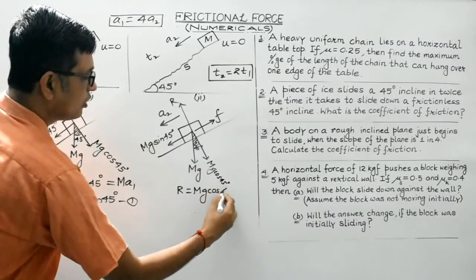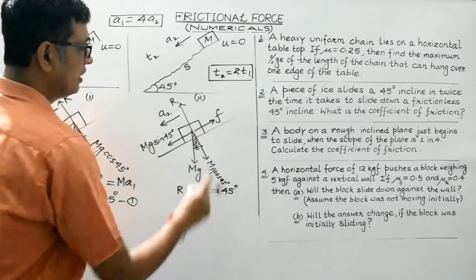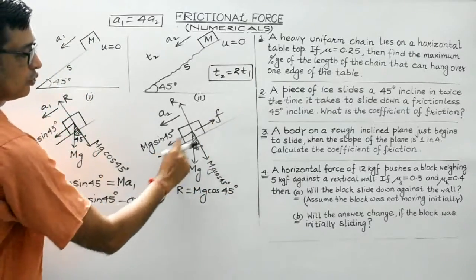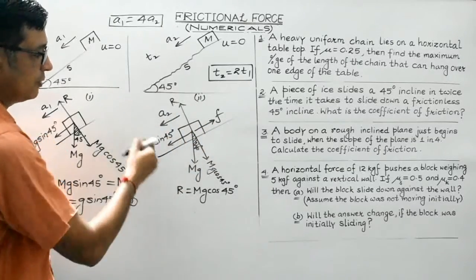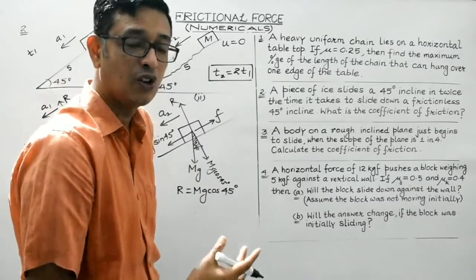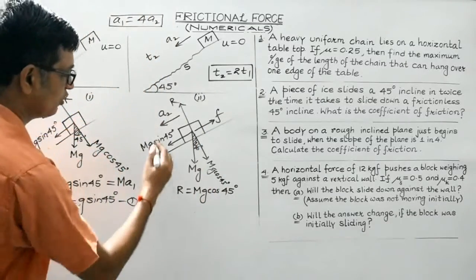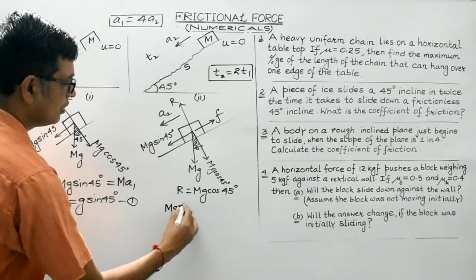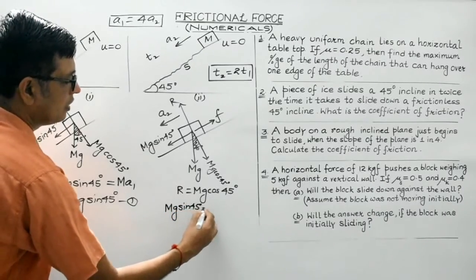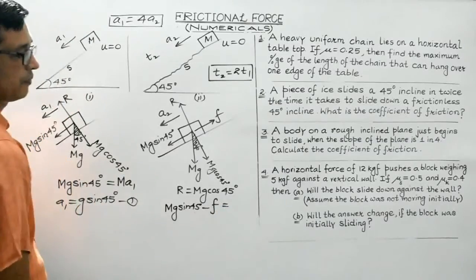R is mg cos 45 degree, right? And what about these two? These two are unbalanced forces. The body is getting accelerated over here. So mg sin 45 is more, or dominating, as compared to frictional force. Therefore, the equation will be net force is mg sin 45 degree minus force of friction. Right?